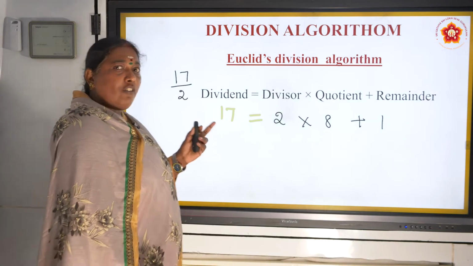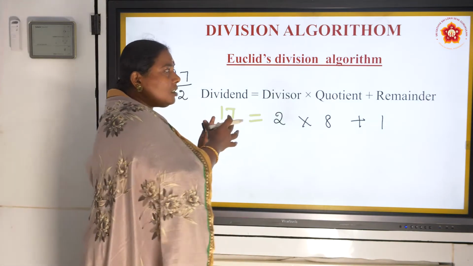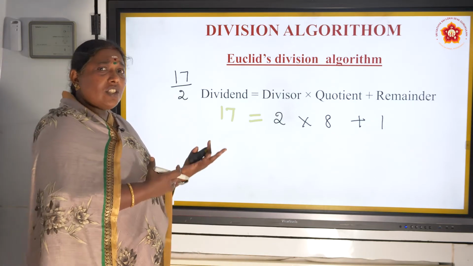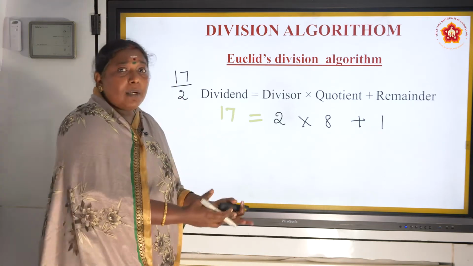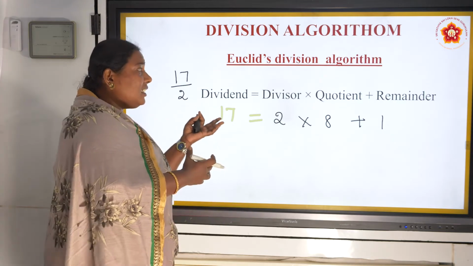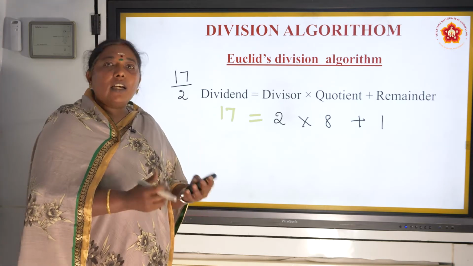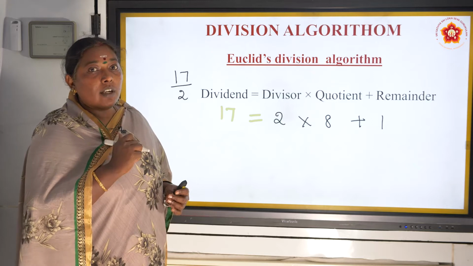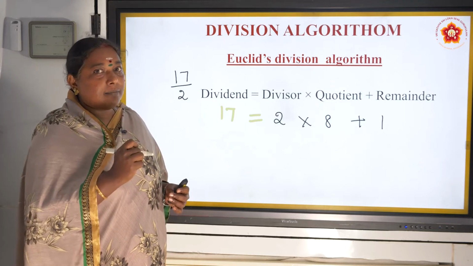But how many of us know that we are not supposed to relate this division algorithm only with numbers? We can relate this with our Ramayana also. How? Anyone guess?